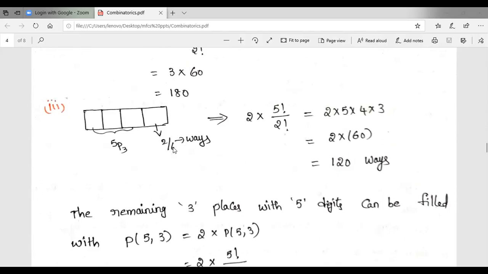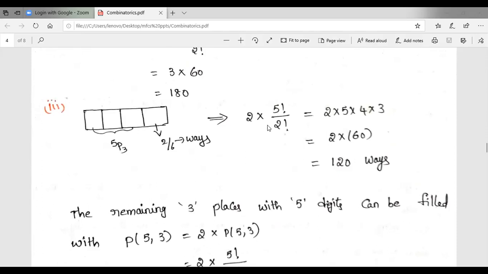Therefore the last space can be filled in 2 ways. The remaining 3 spaces are filled with the remaining 5 digits, which can be written as 5P3.